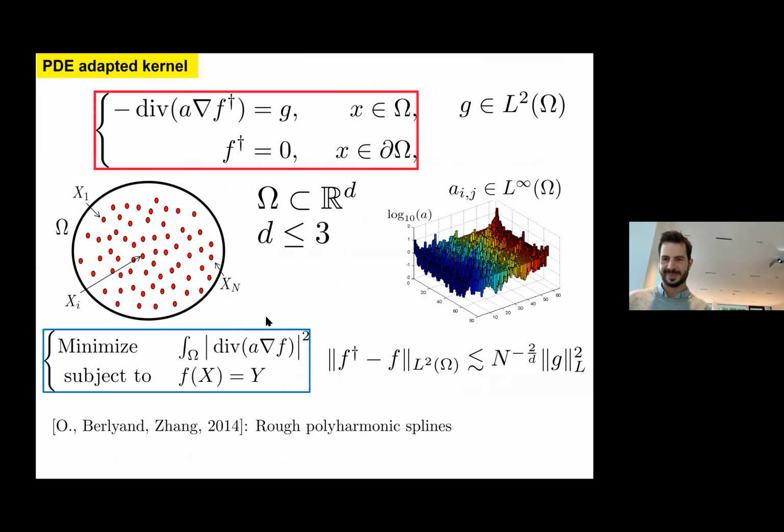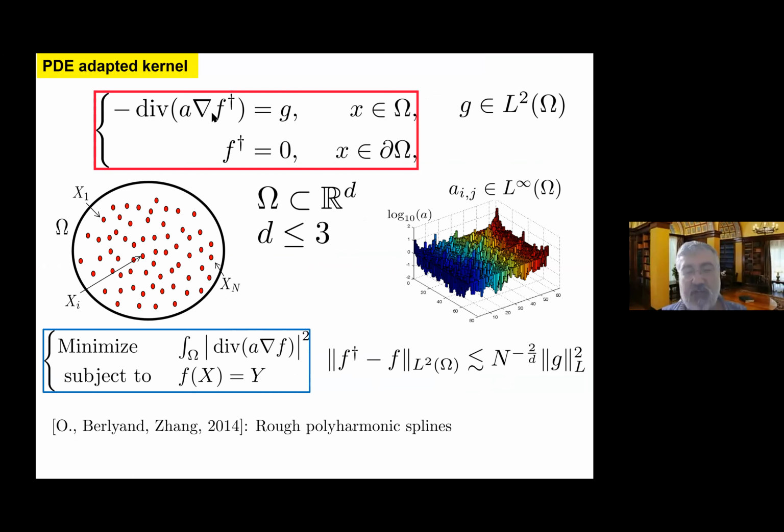In fact, you could also choose the energy norm of F, and this thing will also work, right? The intuition is essentially the prior assumption that you are making on the regularity of the right-hand side. If you assume that the right-hand side is in L2, in fact, you could just use the energy norm.